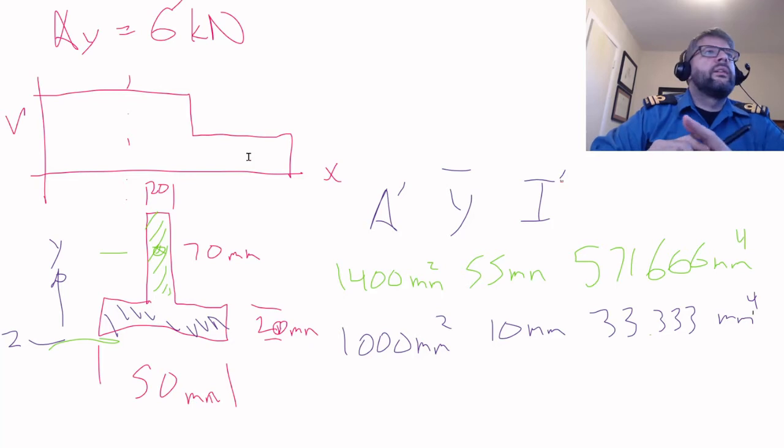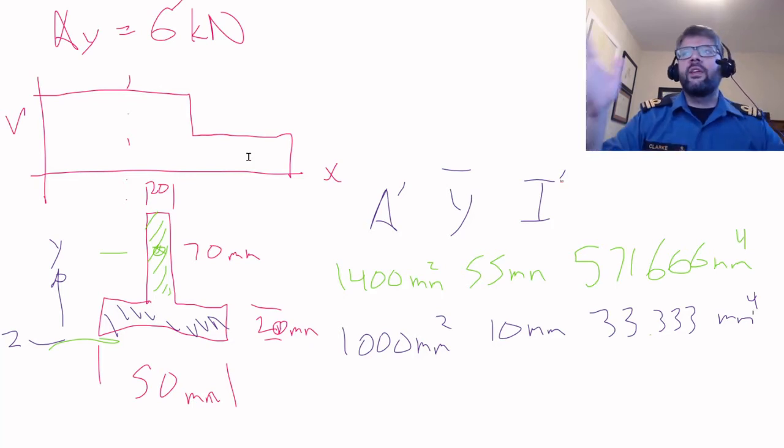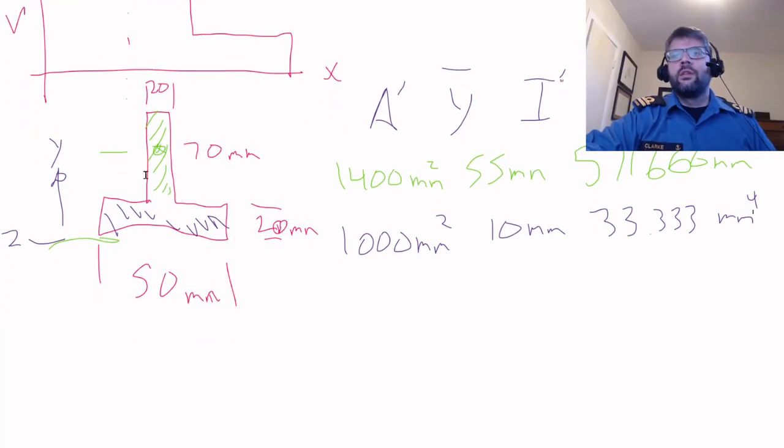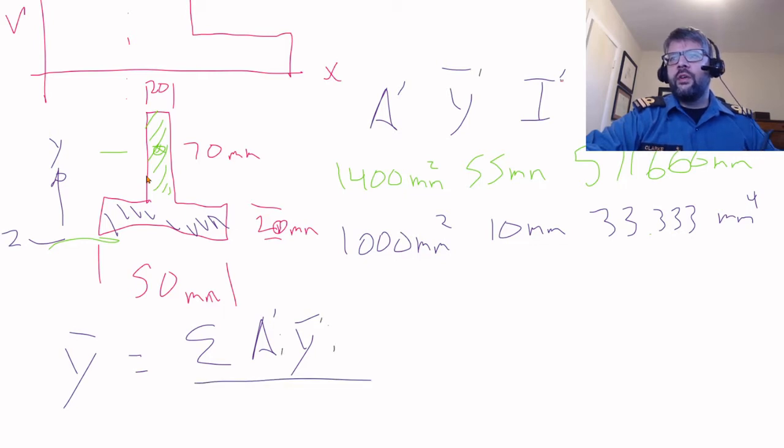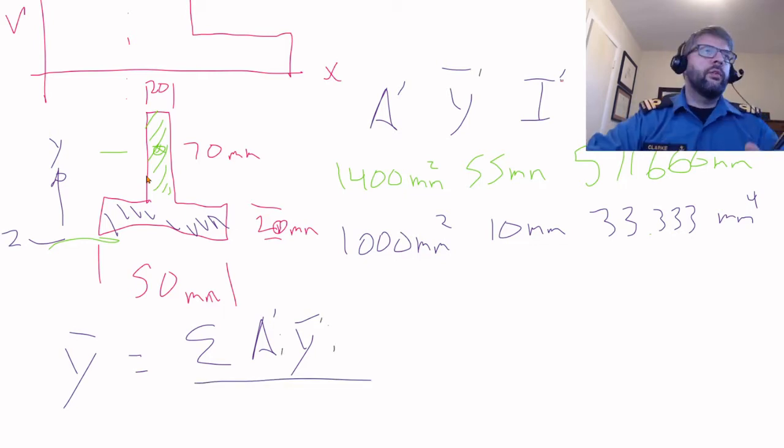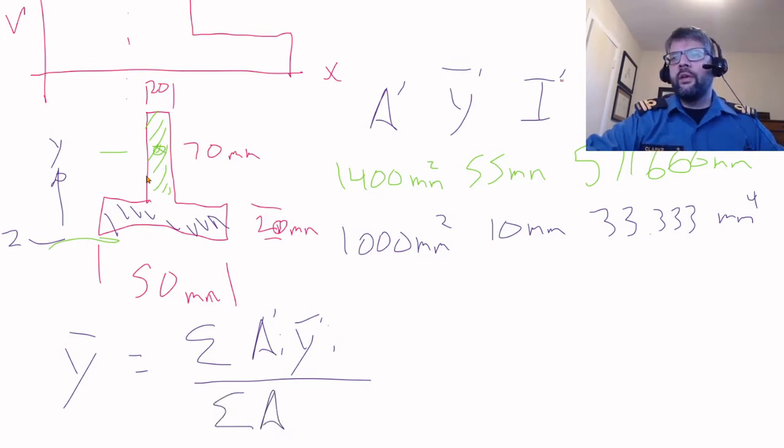So let's find the y bar for the entire thing. Again, our y bar is going to be equal to the sum of the area for each section times the y bar for each section, divided by the sum of the areas.